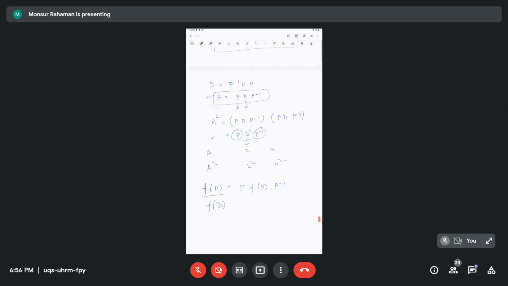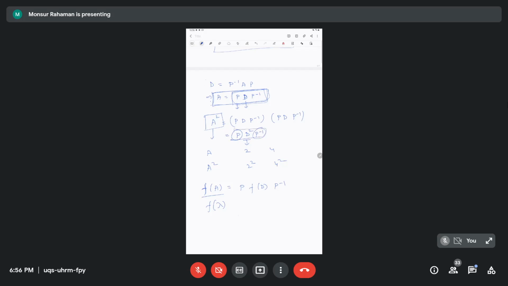Suppose a is diagonalizable, and you know its diagonal elements, the eigenvalues, and eigenvectors. If I ask what the eigenvalues of a square are, you don't have to repeat the calculation. It is p d square p inverse.